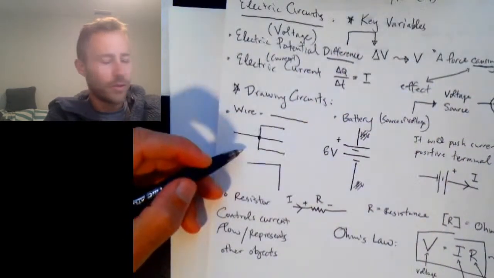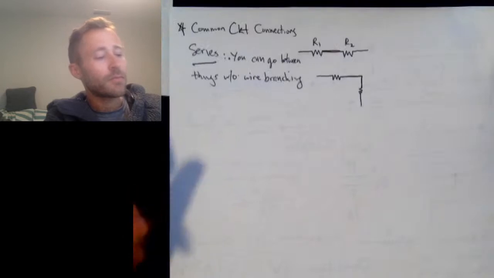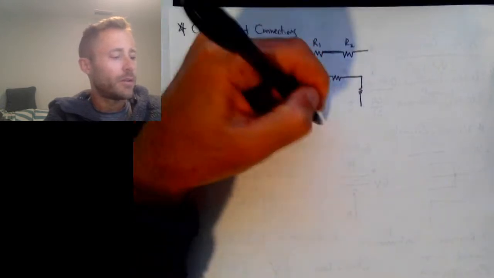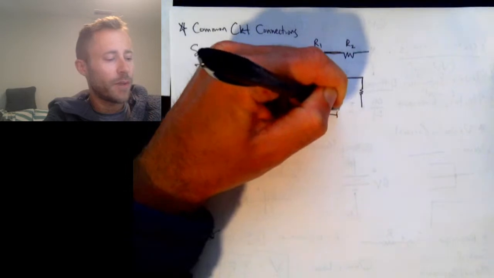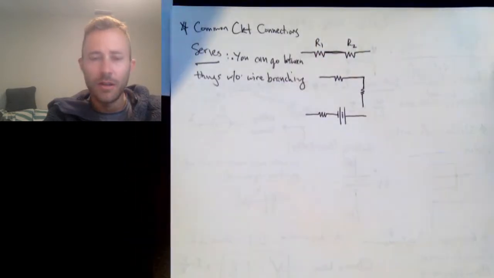And when I say branching, I mean something like this, where the wire is splitting into multiple pieces. You could have different things in series with each other. So you could have a resistor in series with a battery. That's a series.